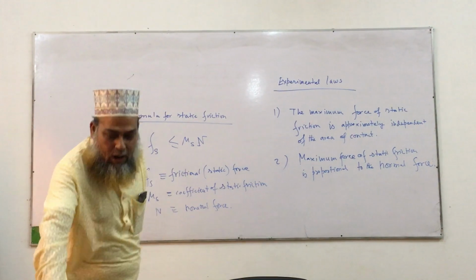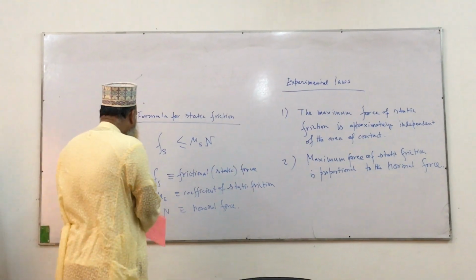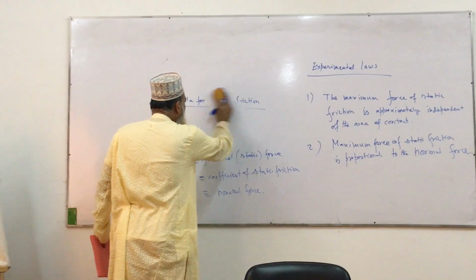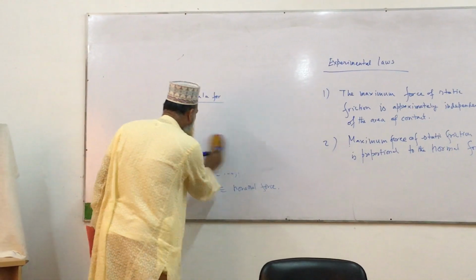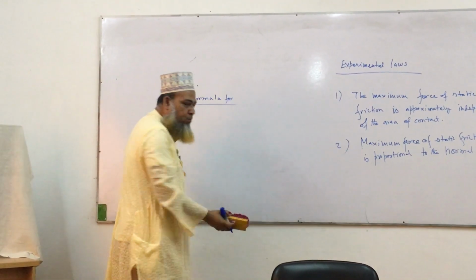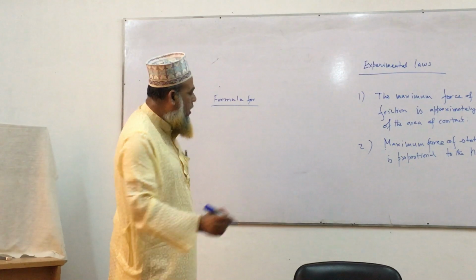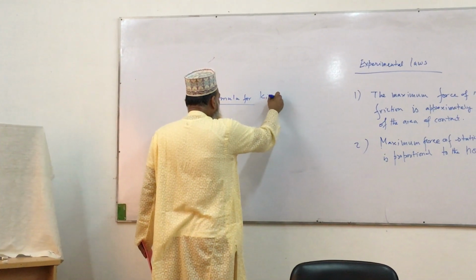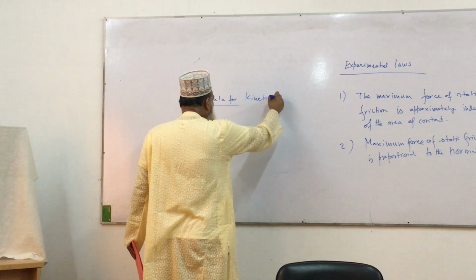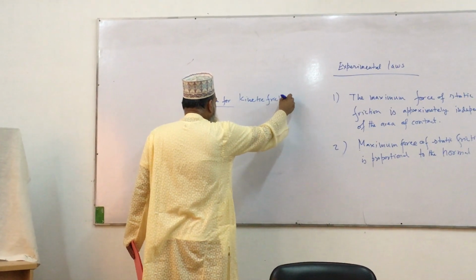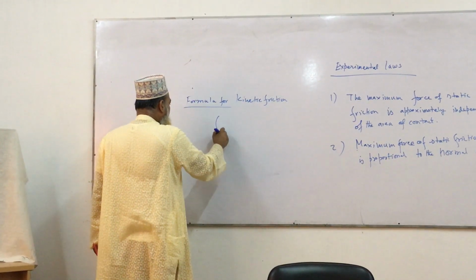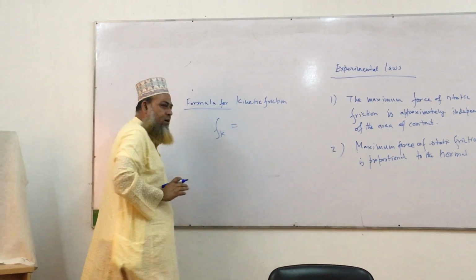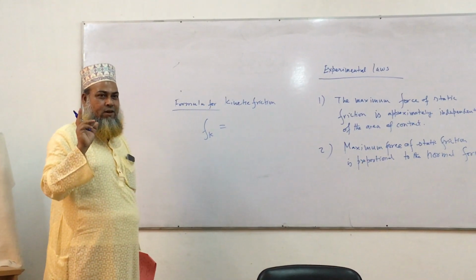And the formula which will help you to find the numerical values of frictional force. Formula for kinetic friction is Fk equals mu k n.